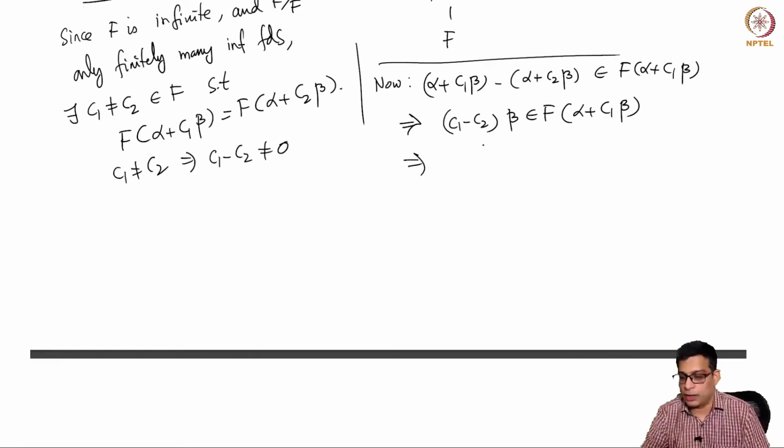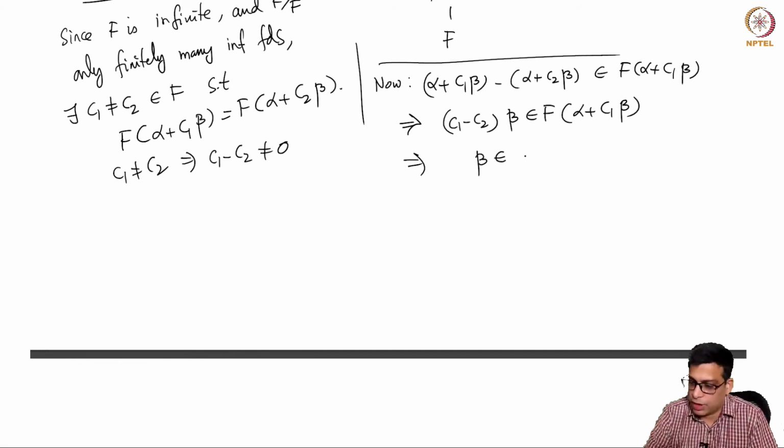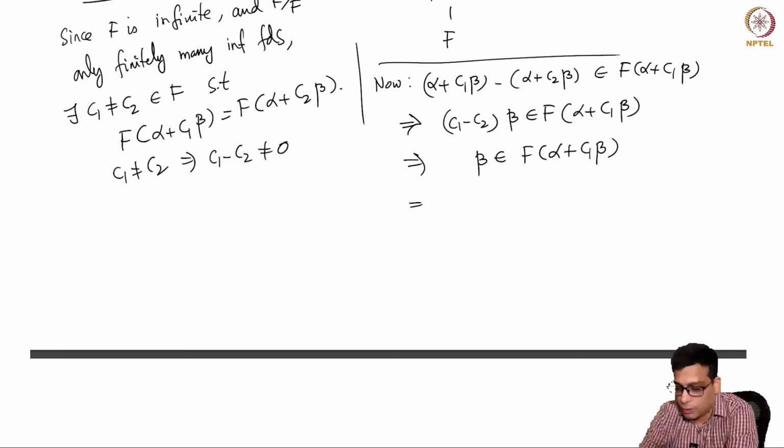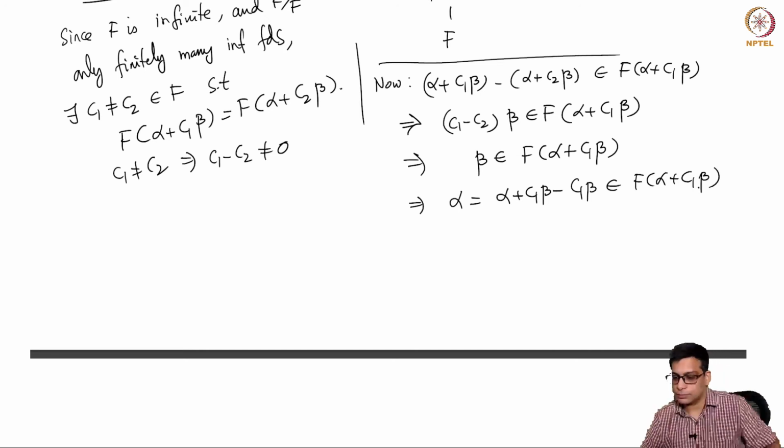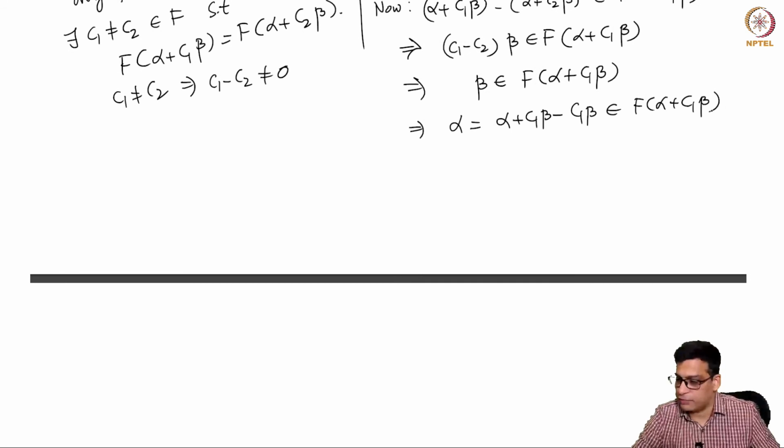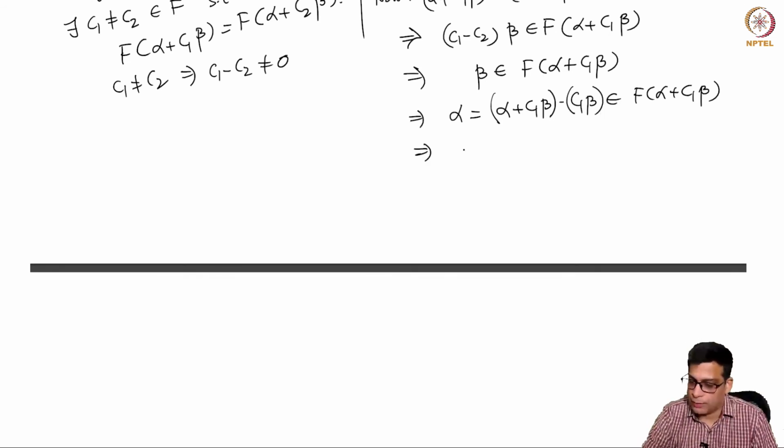So you can multiply by its inverse. So beta is there, but then alpha, which is alpha plus c1 beta minus c1 beta, is also there, because alpha plus c1 beta is certainly there. Once beta is there, c1 beta is there. So their difference, which is alpha, is there. That means both alpha and beta are there.